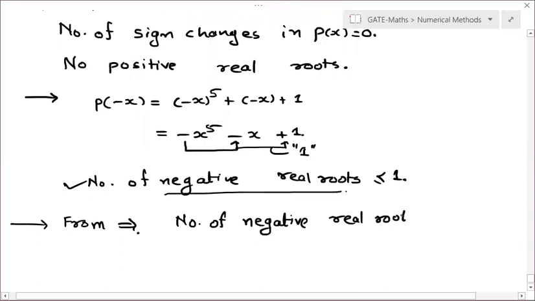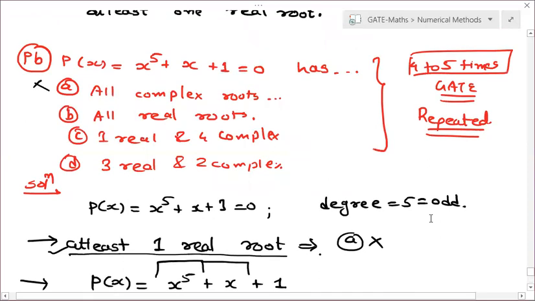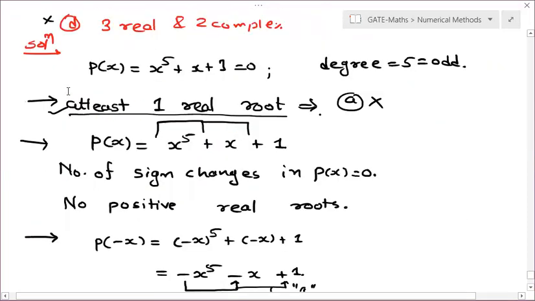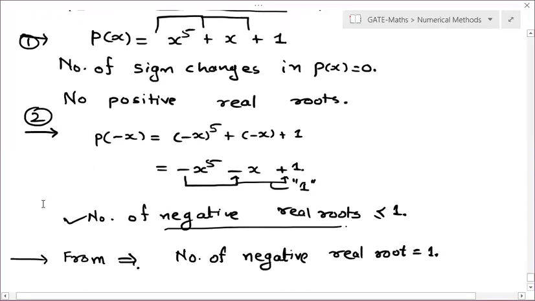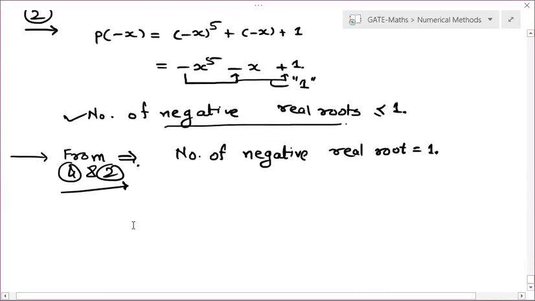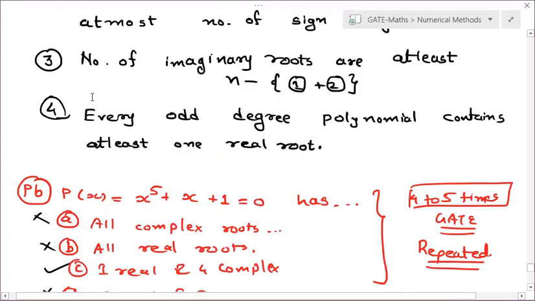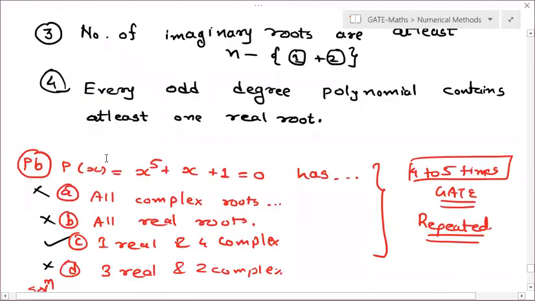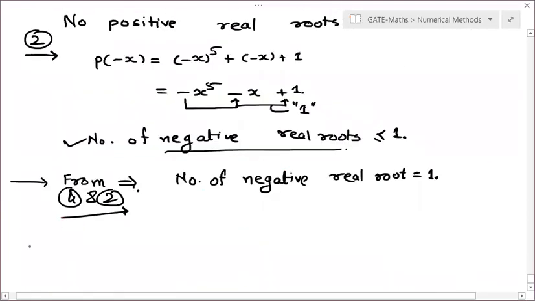So only option C is right. Let me write over here, this is the fourth statement, this is the first, this is the second. From the fourth and second, I can conclude this. Now if I use the third, that is, the number of imaginary roots are at least n minus 1 plus 2.